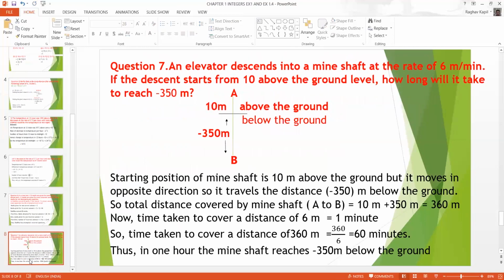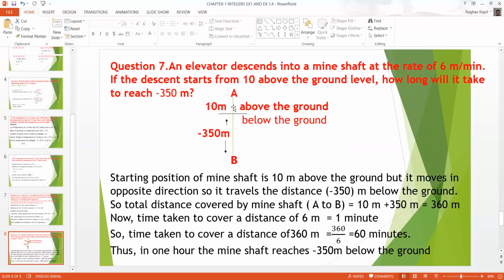Now the last question. An elevator descended into a mine shaft at the rate of 6 meters per minute. If the descent starts from 10 meters above the ground level, how long will it take to reach -350 meters? Here is the ground level, and this 10 meters is above the ground, and 350 is below the ground. That's why here it is mentioned as -350 meters.